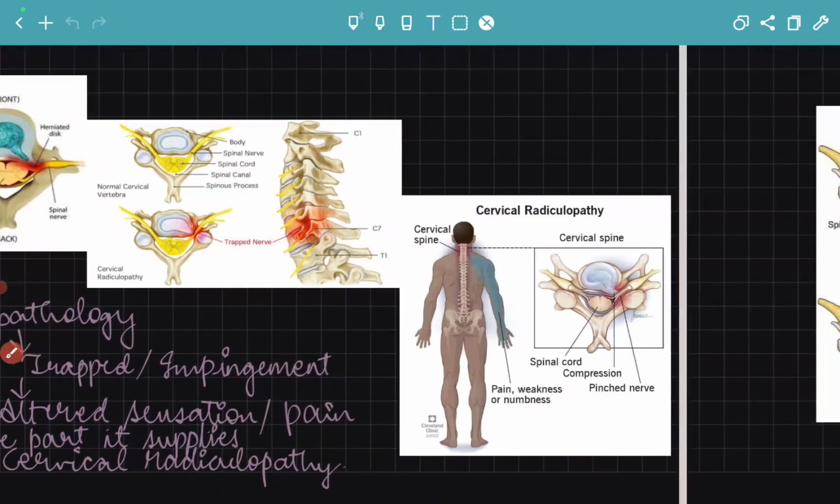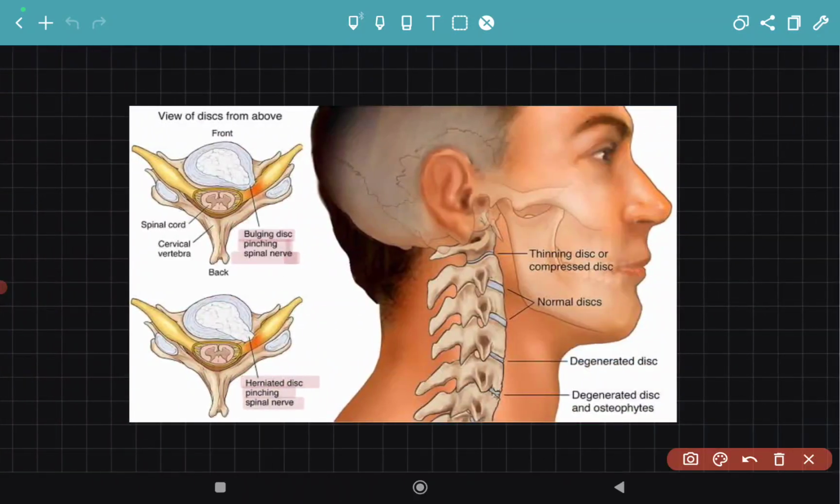The same thing again in detail: we can see here there is thinning of the disc, or a compressed disc. The pressure comes vertically down, which the vertebral column, the spine, has to bear. It has ligaments and other soft tissue structures, and the disc itself has the central nucleus pulposus and the surrounding annulus fibrosus.